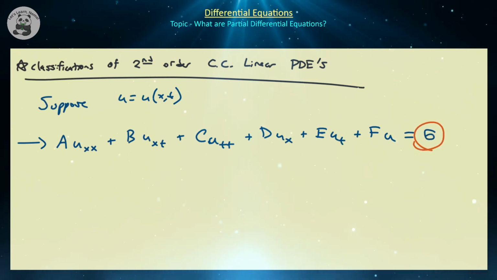And obviously if g is equal to 0, then we would call this PDE a homogeneous PDE.